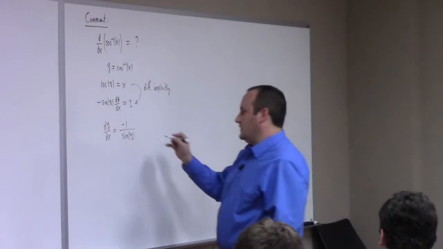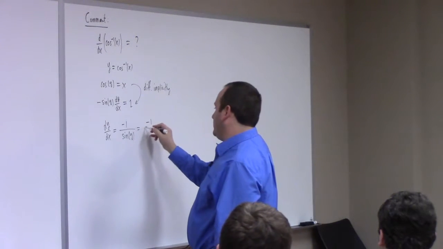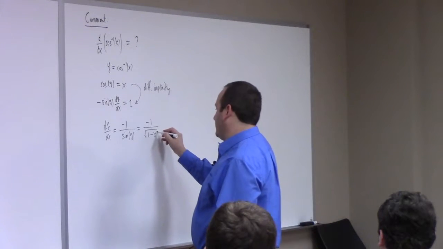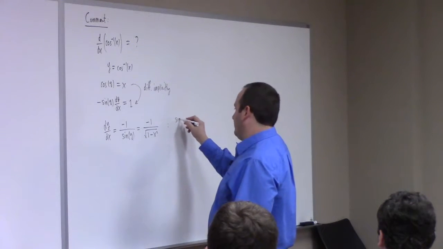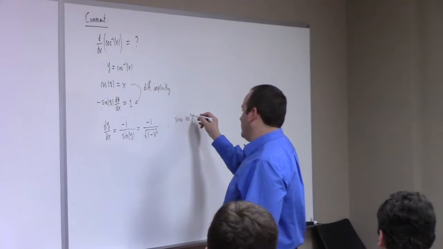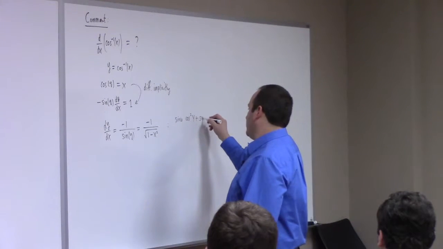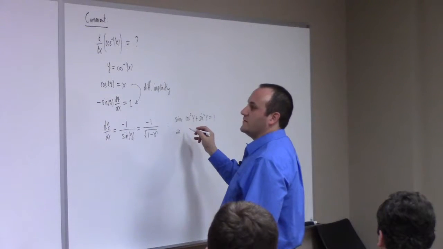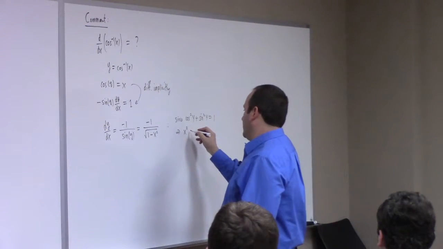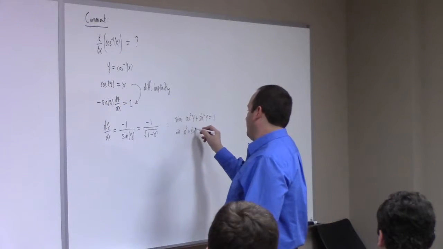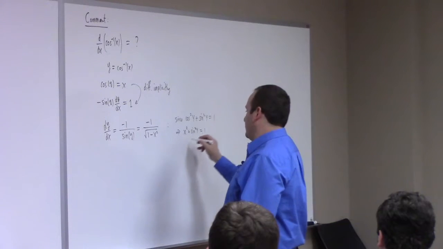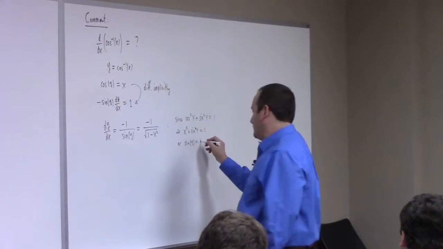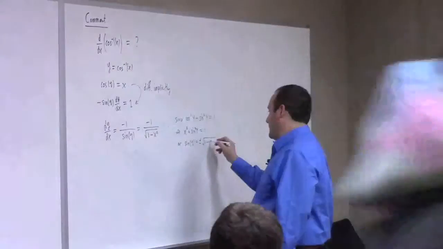But this can be rewritten as 1 over the square root of 1 minus x squared, since cosine squared y plus sine squared y is equal to 1 implies that, cosine y is x, so x squared plus sine squared y is equal to 1, or sine y is equal to plus or minus the square root of 1 minus x squared.